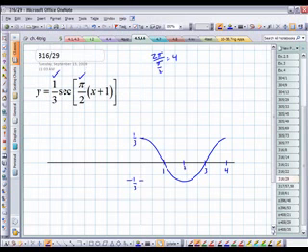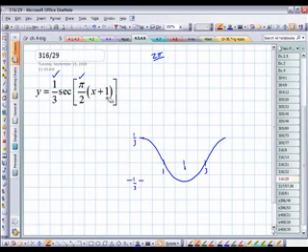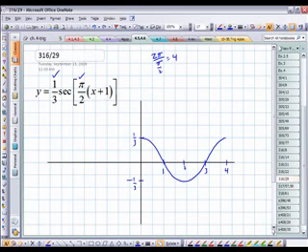Now this plus 1 moves the graph to the left, but alternatively, I can move the y-axis to the right one. Think of this as x minus negative 1. So this being an x minus negative 1, again, I move the graph to the left one, but instead of moving the graph to the left one, I'll move the y-axis to the right.